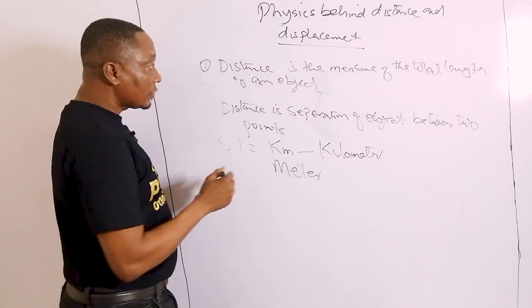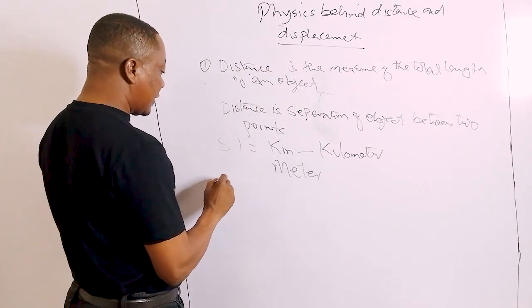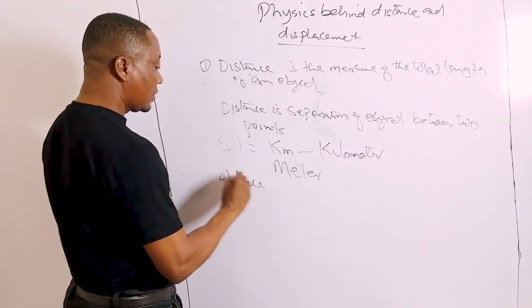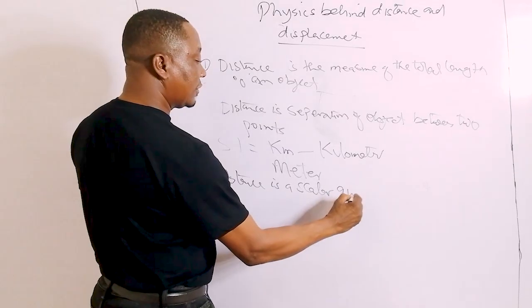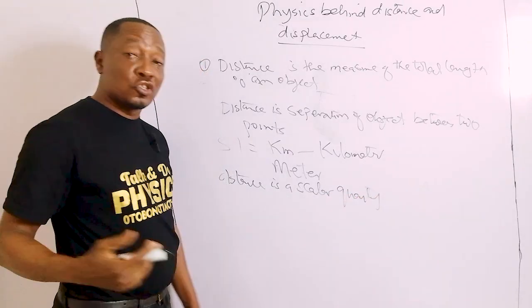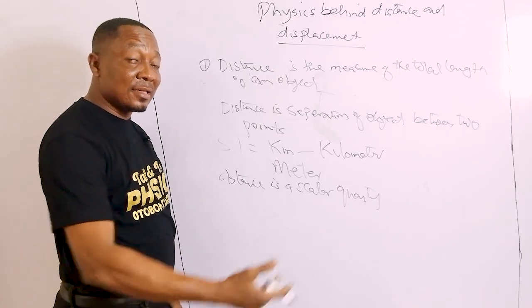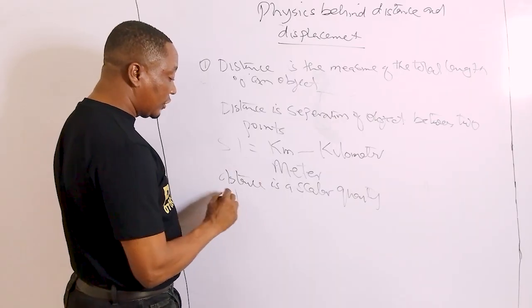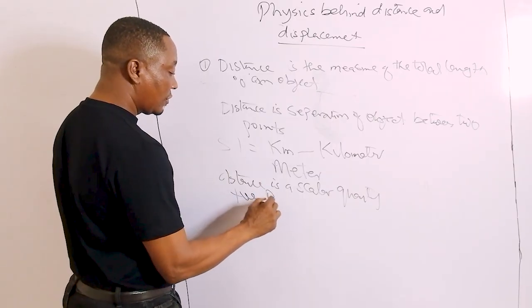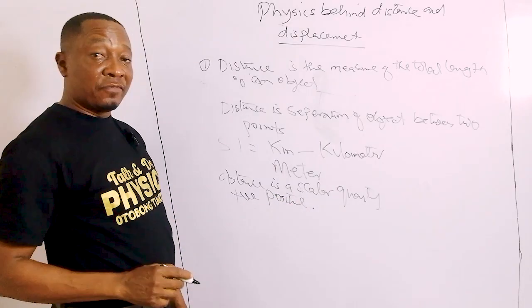And also, distance is a scalar quantity. We all know that, not a vector quantity, because it doesn't have a direction. It can only have a magnitude. Distance is a scalar quantity, and distance is a positive value.